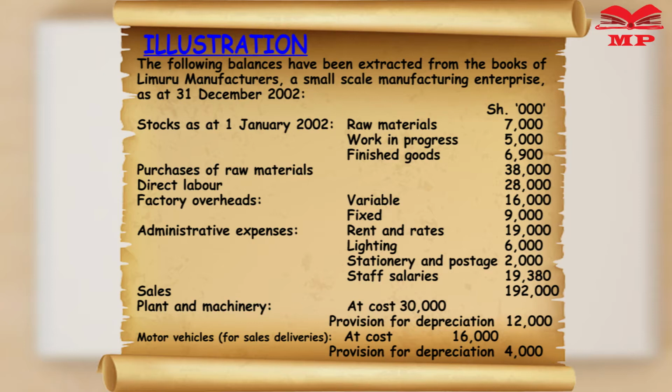Then there is sales down there of 192 million, plant and machinery at cost 30 million, provision for depreciation 12 million, motor vehicles for sales deliveries at cost, that one is for sales delivery. That means that the motor vehicle is not meant for the factory but for sales.